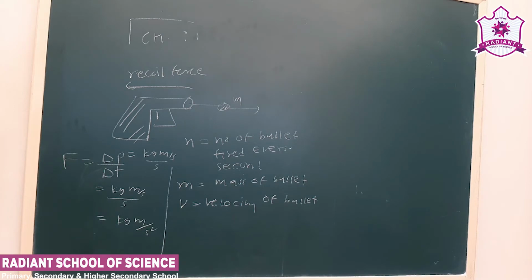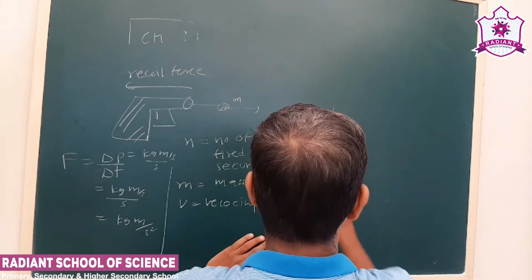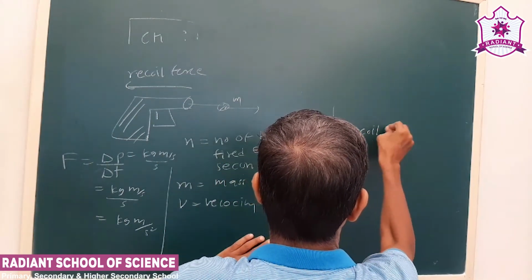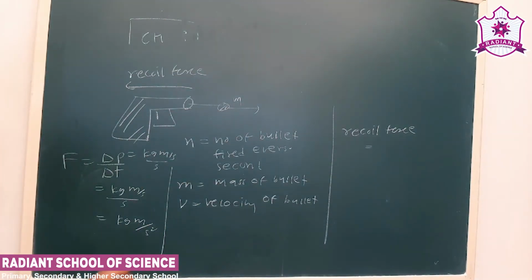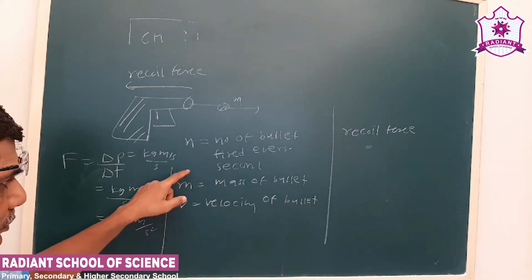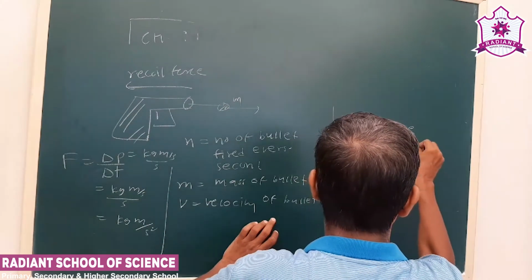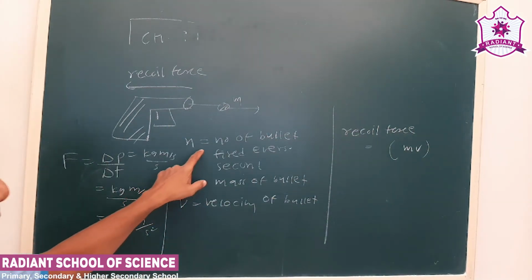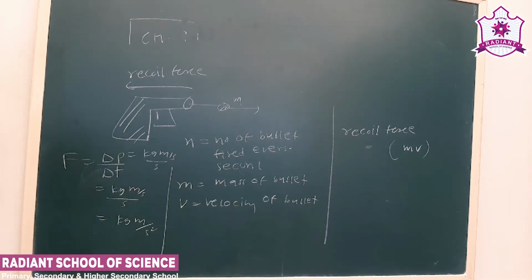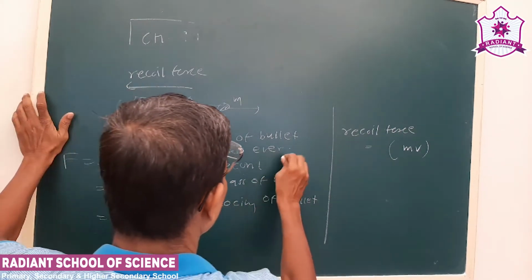Okay? Now, force is equal to mass into acceleration. How do we get here? See here. Now see, mass into velocity is momentum. Now here, n is the number of bullets fired every second.